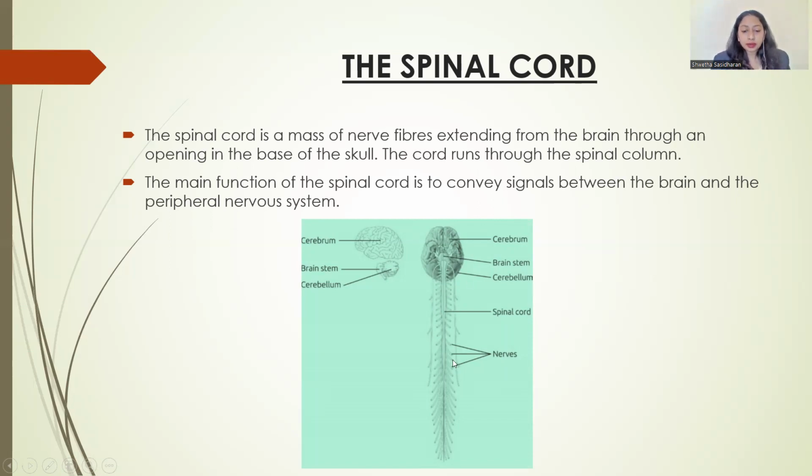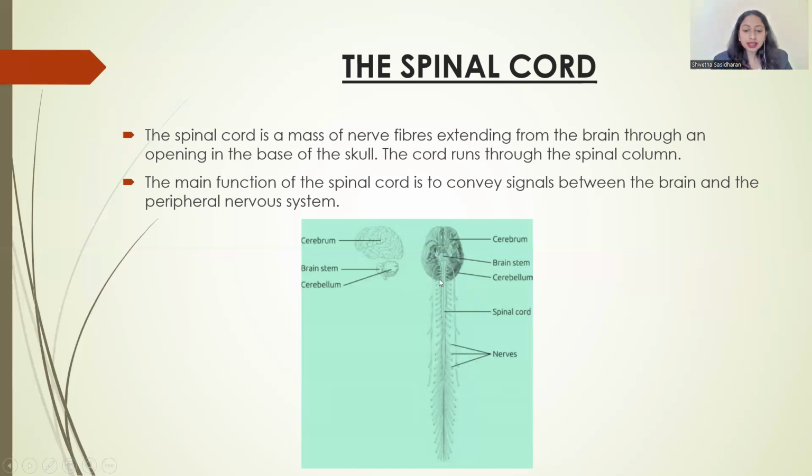Every area of the spinal cord has its own nerves. For example, the neck area, which in medical terms we call the cervical area, has the cervical nerves. If you go down after the cervical area, we have the thoracic area, which covers the chest, and has 12 different vertebrae.